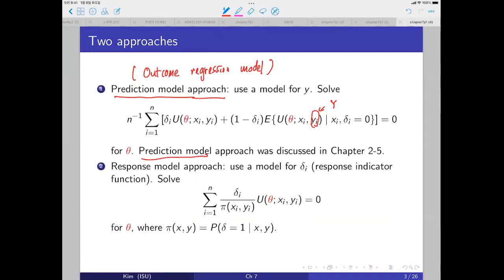That prediction approach is essentially the imputation approach, and that's been discussed so far. And now we have a totally different approach, which was originally motivated from survey sampling. In survey sampling, delta I is the sampling indicator, and you use the probability to draw, or distribution free, design based inference.